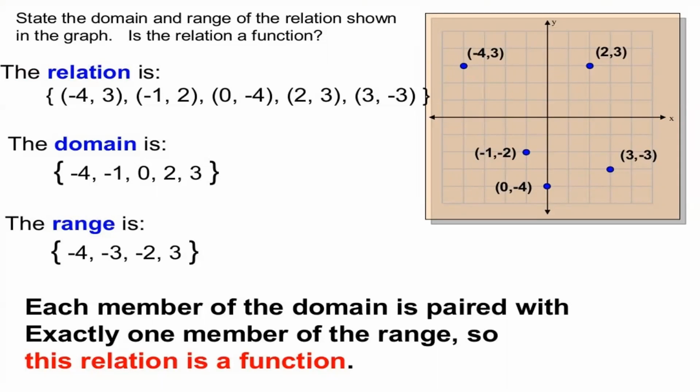I will give you time, so you can pause this video if you want to answer this practice. Okay. Each member of the domain is paired with exactly one member of the range. So this relation is a function. Hoping that you mapped this practice in order for you to know if it is a function or relation. Thank you.